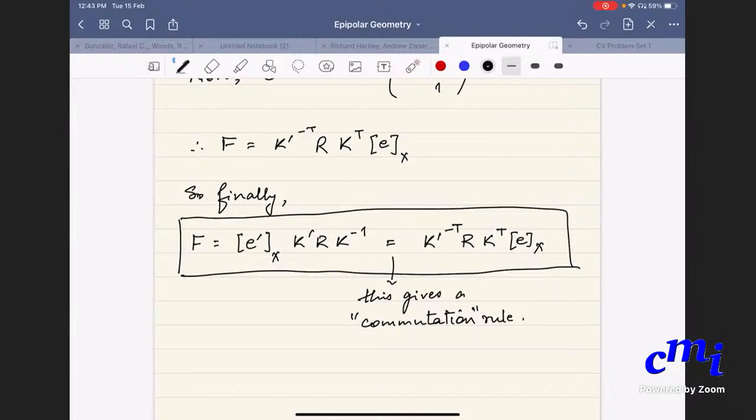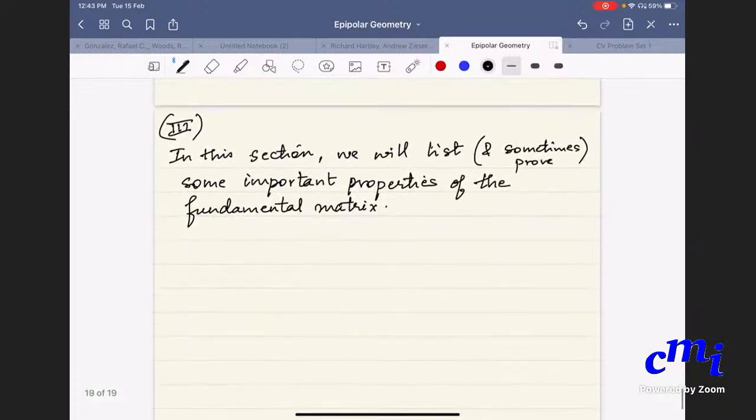So one very important property is that there is an equivalent condition. We have this formula and derivation, but there is a nice equivalent condition which is also stated many times as the definition of the fundamental matrix. So I will just write that down.